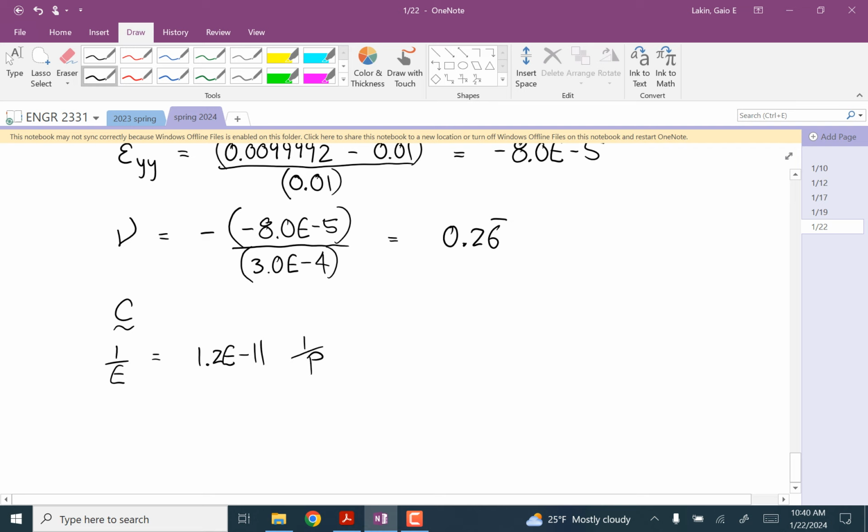The units are 1 over pascals here. Negative nu over E is negative 3.2 times 10 to the minus 12th, 1 over pascals.